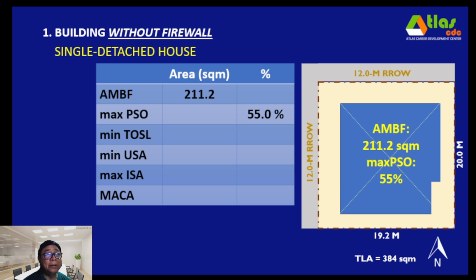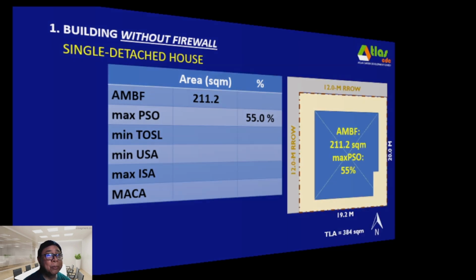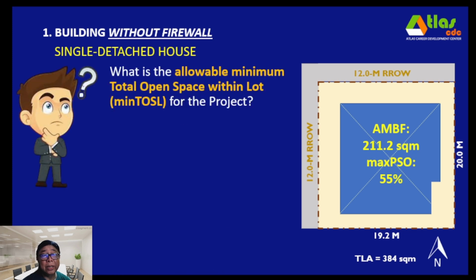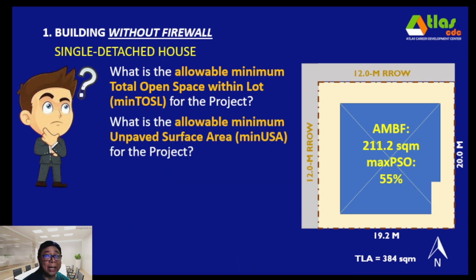Our final answer for the AMBF will be 211.2 square meters, and our maximum PSO is 55% of the TLA. So now we move on to the other part of the lot not occupied by the maximum building footprint. So we have now the allowable minimum total open space within lot, as well as the allowable minimum unpaved surface area or minimum USA.